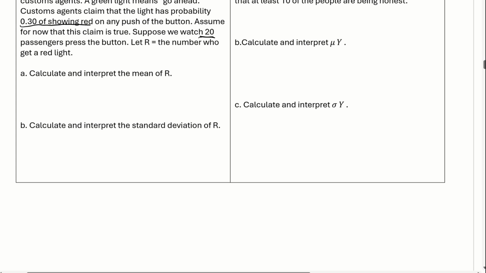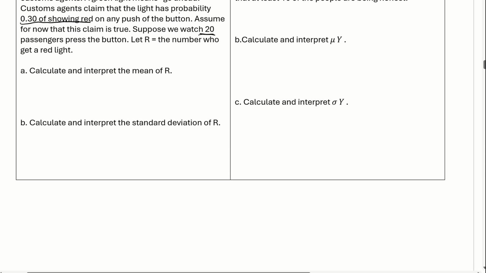All right, so first off, does this satisfy BINS? Let's practice that. Is it binary? Well, either they got a red light or they did not, so yes. Is each person independent from one another? Yes, as far as the lights, they're independent from one another. Number of trials fixed?